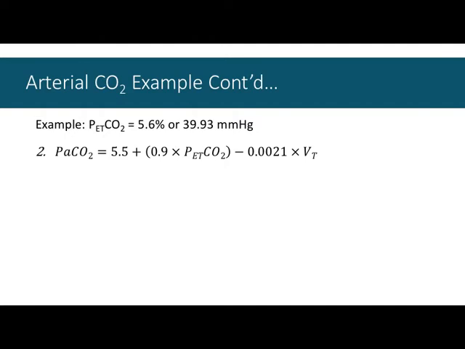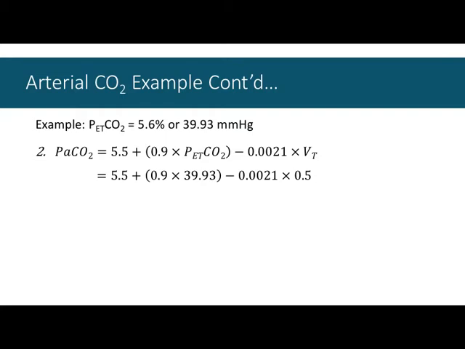Excellent. So I'm going to plug numbers in directly. 39.93 is taken from the example. 0.5 is arbitrary. I made that up. 500 mils for tidal volume is pretty standard at rest. This example, again, is at rest. So I just pulled that out arbitrarily.